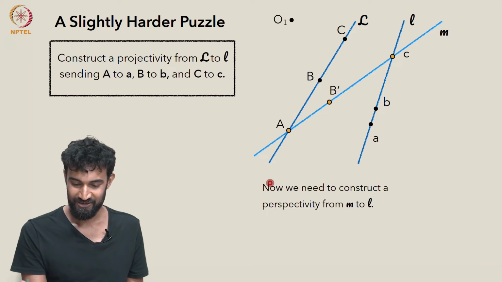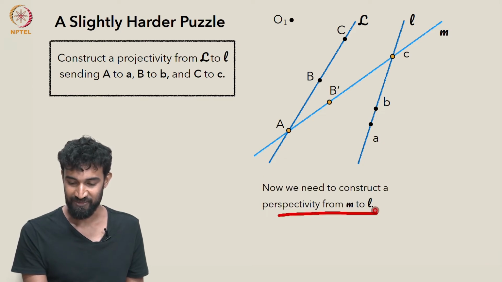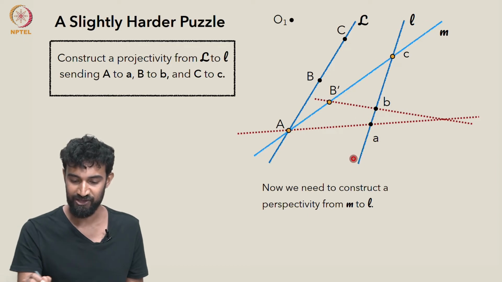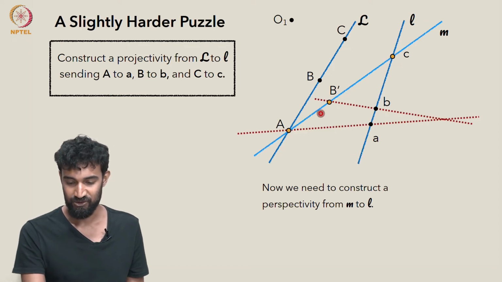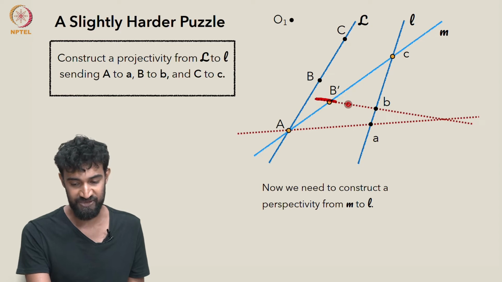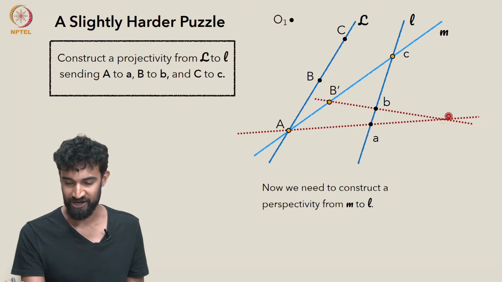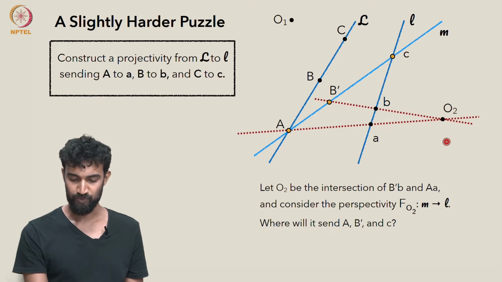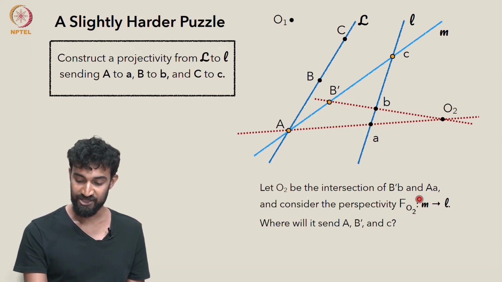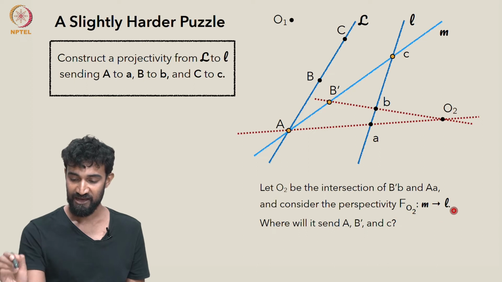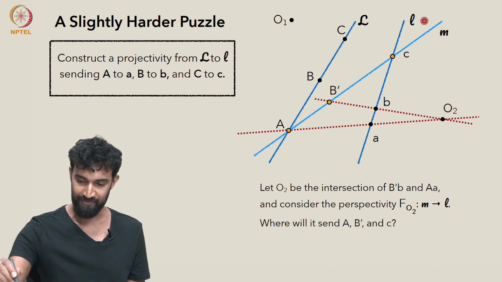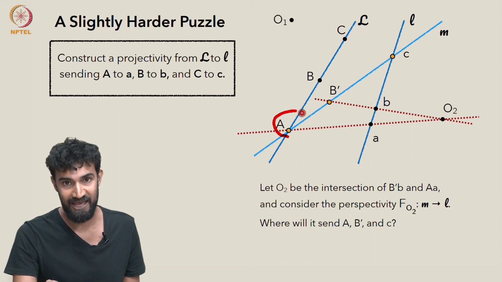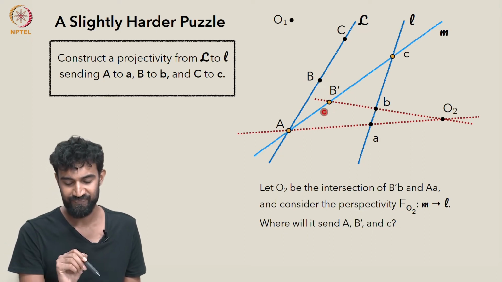Well, we need a perspectivity from M to little l, but since these 2 lines are coplanar, the line Aa is guaranteed to intersect B prime b somewhere. So let's call that intersection O2. And we can consider the perspectivity F_O2 from M to little l. Where is it going to send A and B prime?